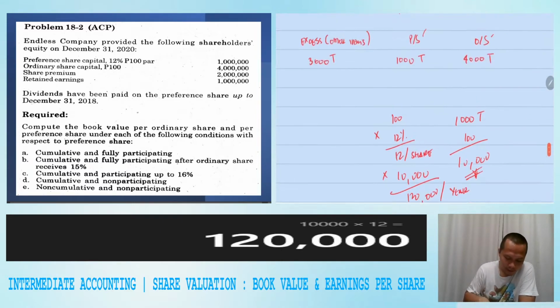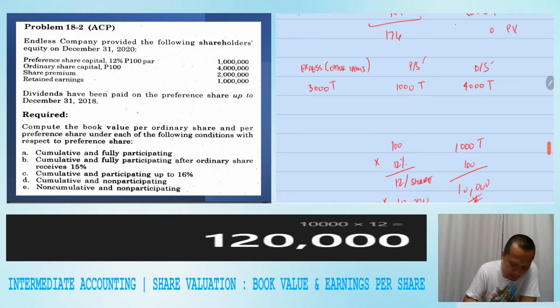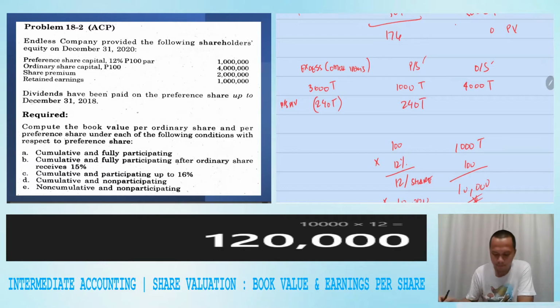Kuha. So ito, babawasan na natin yan siya ng preferred dividends na 240,000, which mapupunta na sa automatic preferred shares.